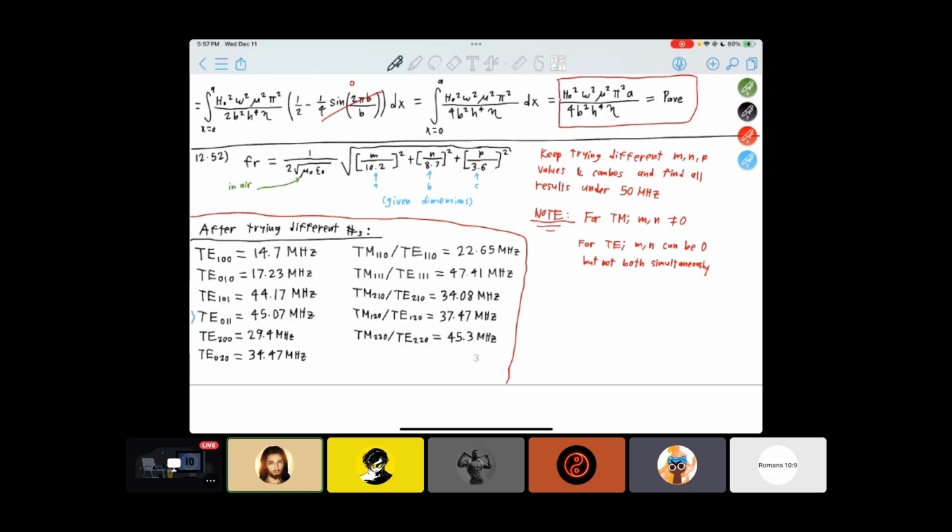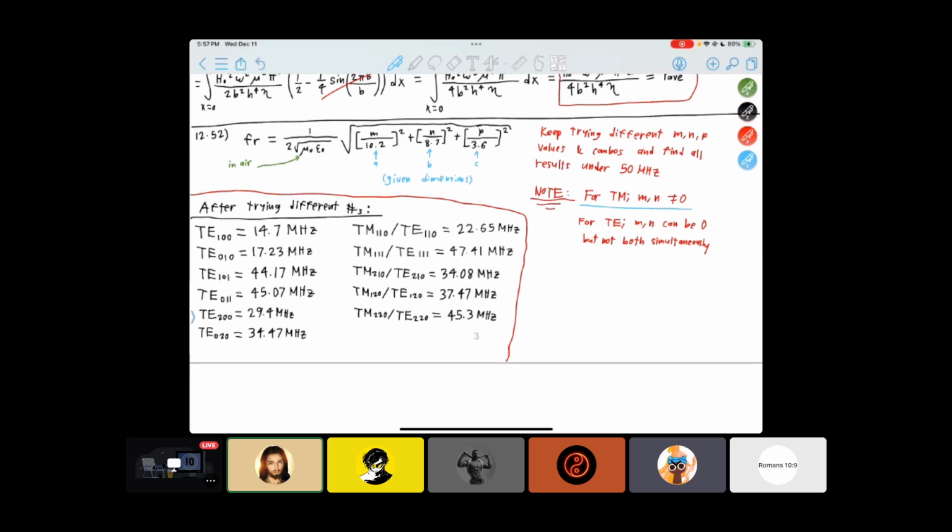When you're doing this for TM, you see how in all these problems there's only things like 101 and 1001 for m and p? There's only TEs here. For TM you can't have zeros at all, so you'll never see a zero in the first two spaces.